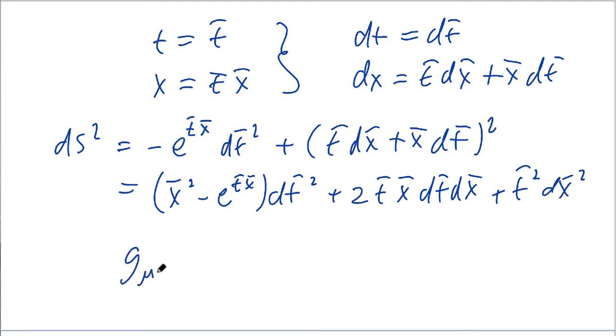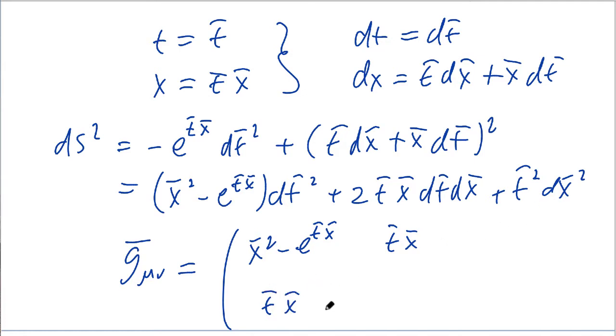So the components of the metric in these barred coordinates, call that g bar, are x bar squared minus e to the t bar x bar, t bar x bar, t bar x bar, and t bar squared. So written in terms of these coordinates, the metric depends on all of the coordinates.